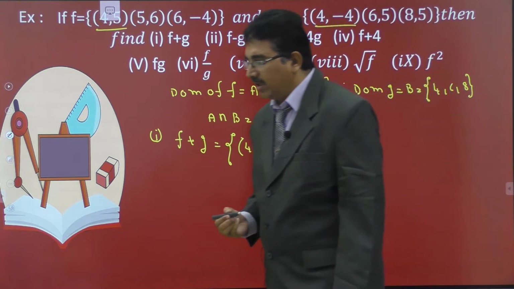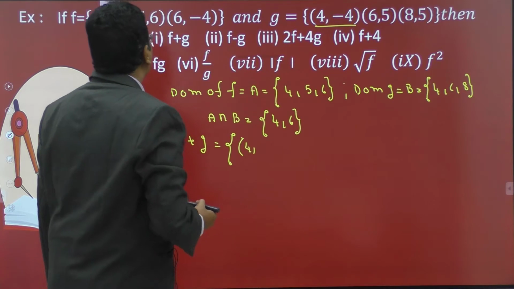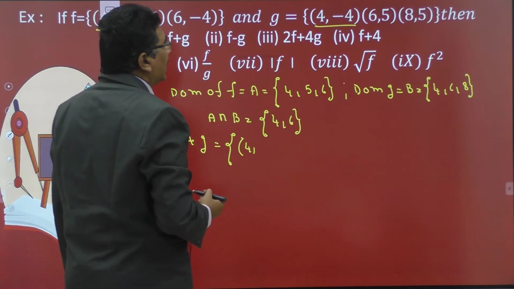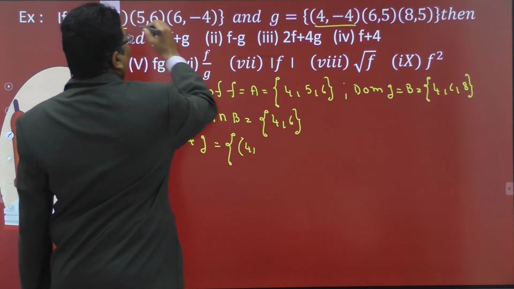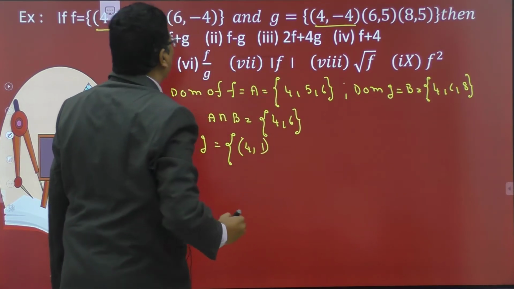So 4 comma, now adding the second components, 5 plus minus 4 is 1, so (4, 1).